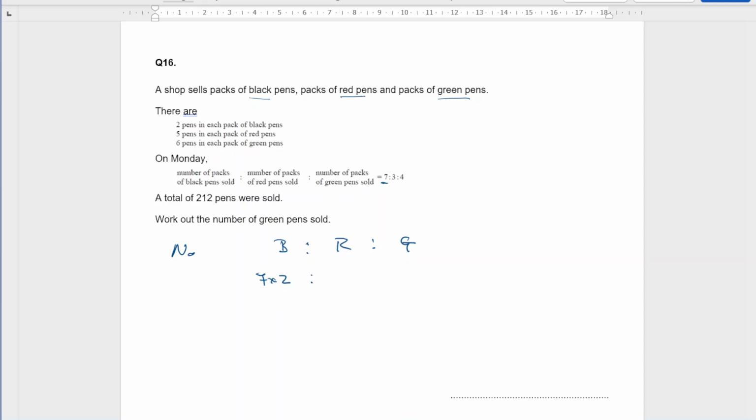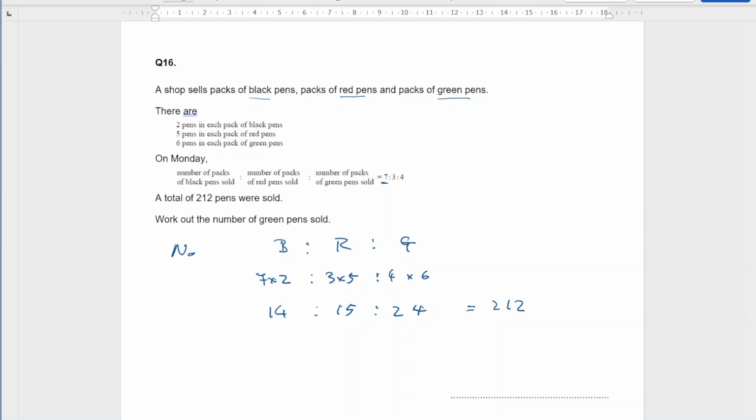Red pens there are 5, so 3 times 5, and green, I should have written that the other way around probably, 4 times 6. Right, so we've got 14 to 15 to 24 pens, the number of pens.